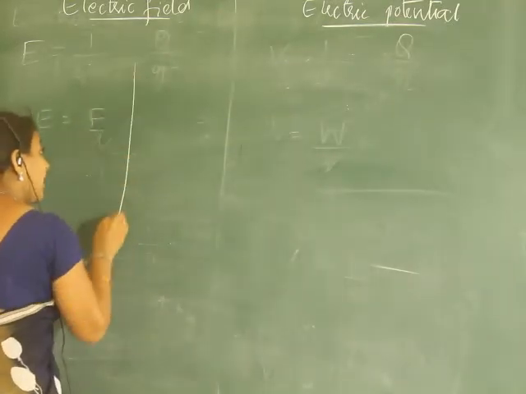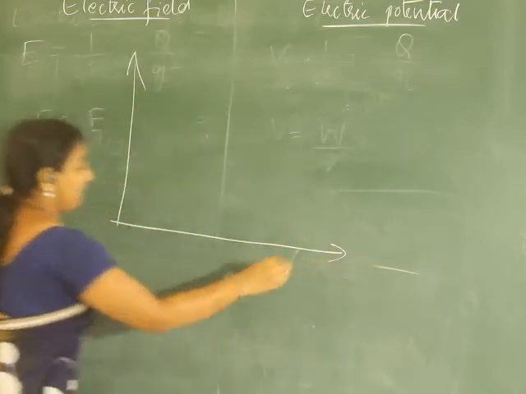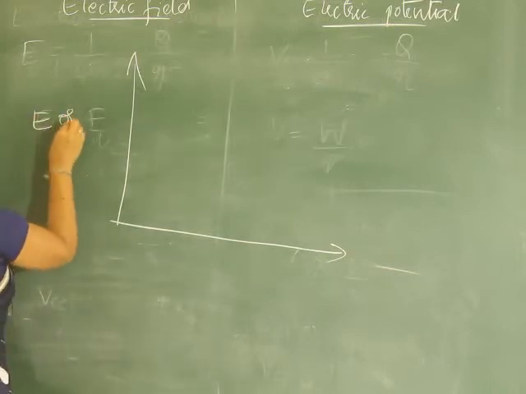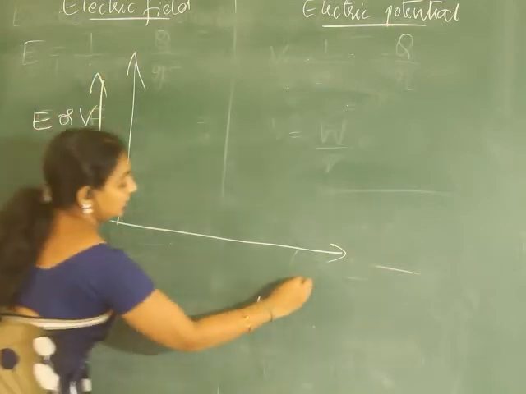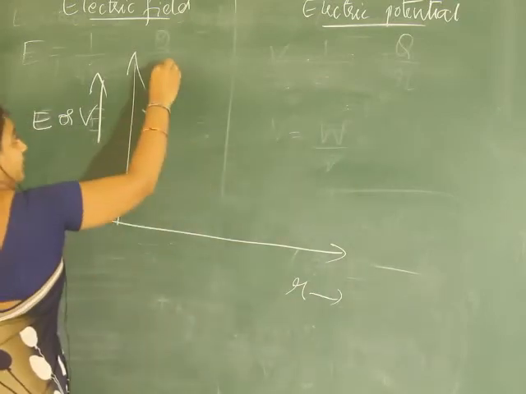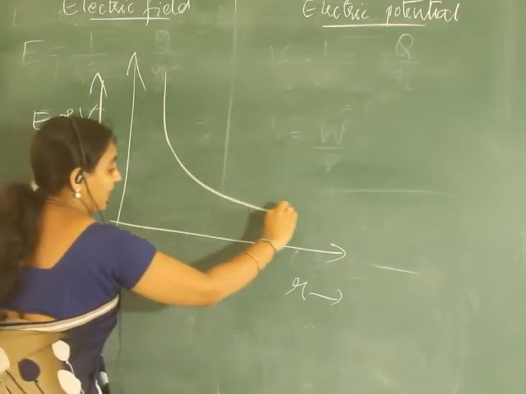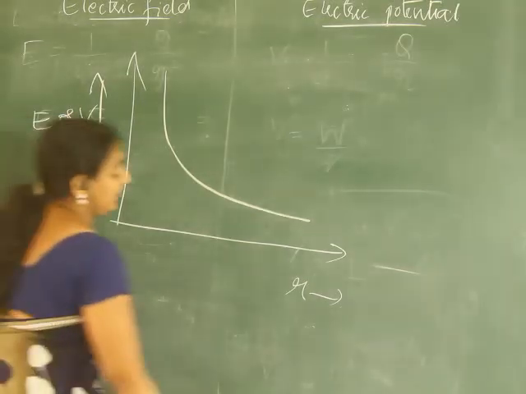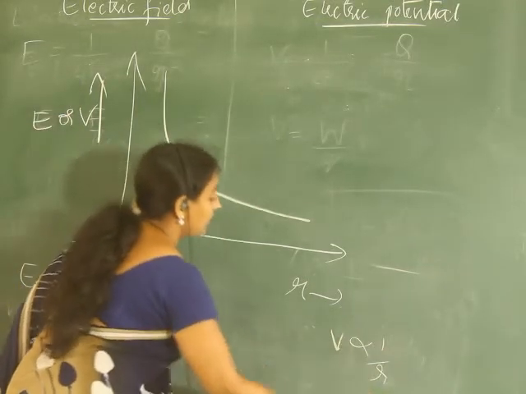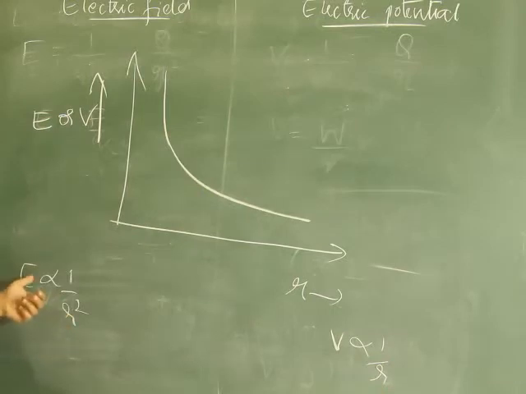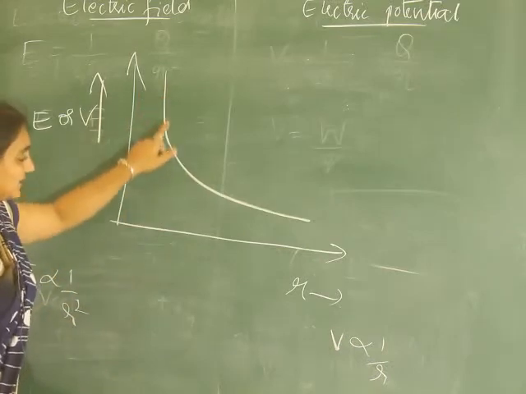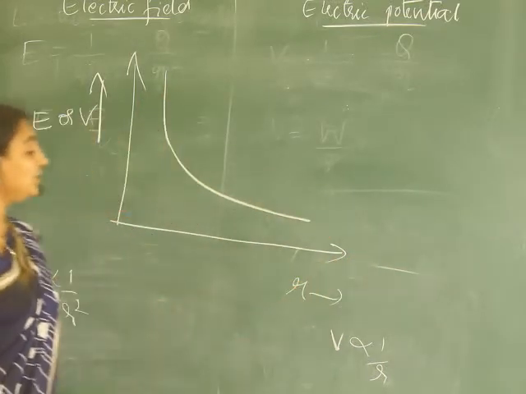So if we plot the graph for r versus E or V, as the value of r increases, see, E is inversely proportional to r square, and V is inversely proportional to r. So as r value increases, E value decreases. Here also, as r value increases, V value decreases.